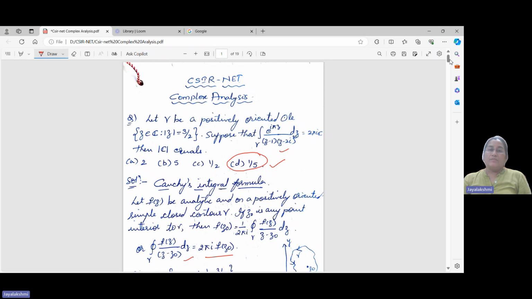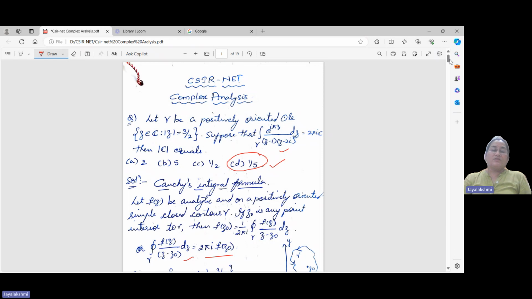Suppose that the integral over gamma of e to the power of i pi z by (z minus 1) into (z minus 2i) whole square dz is equal to 2 pi by c. Then mod c equals? The options given are: option A is 2, option B is 5, option C is 1 by 2, and option D is 1 by 5.